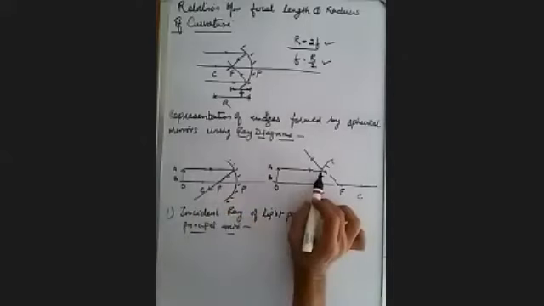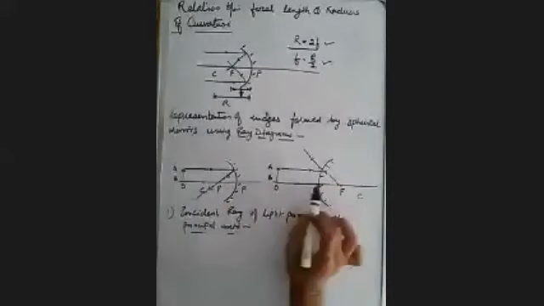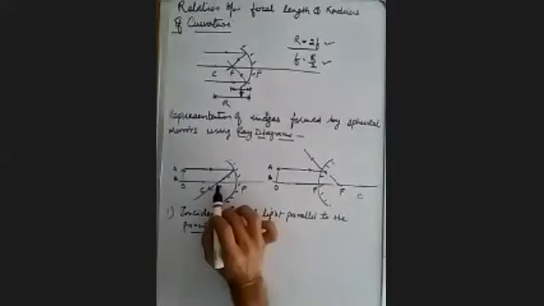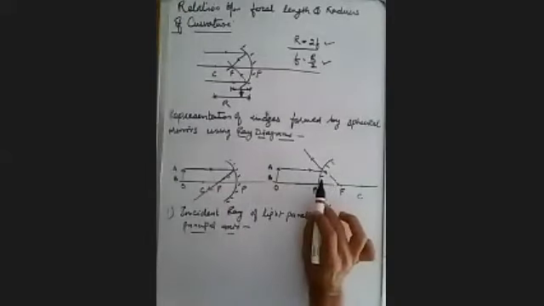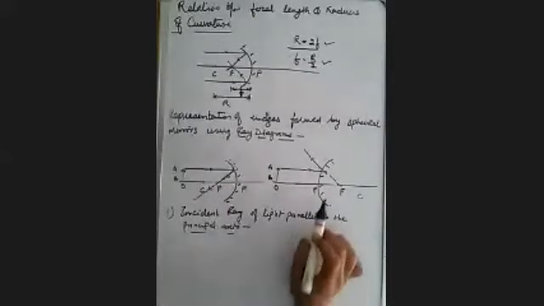In the case of a convex mirror, it appears to be passing through the principal focus. So one thing is common: the ray parallel to the principal axis, after reflection, actually passes through the principal focus or appears to be passing through the principal focus. So this is one ray that we are going to consider while forming images by spherical mirrors.